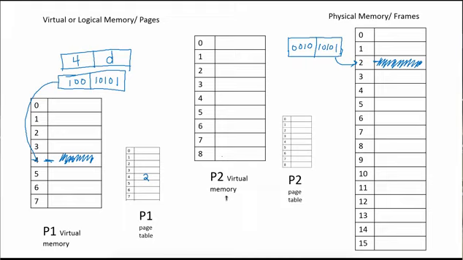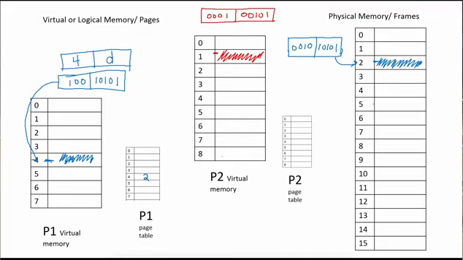So for example, process 2, let's pick a different color for process 2, like red. Say we needed something on page 1, like this offset up here. This would generate a logical address here that represents the page number, and then let's say that offset is right there, and we need to find a free frame.